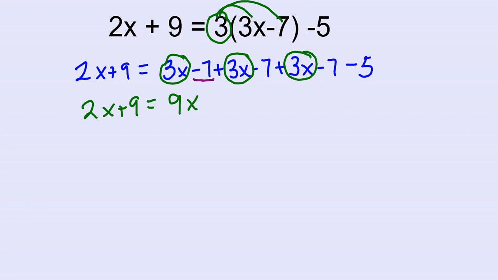But I also have minus 7, minus 7, minus 7. So it's like I'm doing minus 21. And then I still have that minus 5 over here. So if I take away 21 and then I take away 5 more, I really am taking away 26.